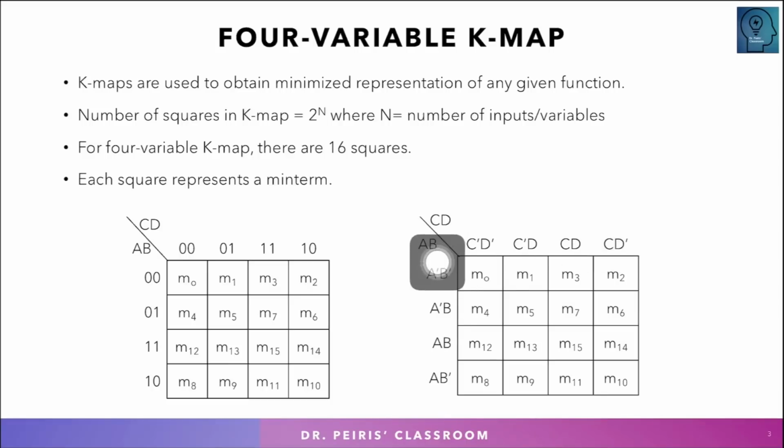Similarly you do all 4 on this side also and all 4 on this side also: a prime b prime, a prime b, a b, a b prime, then c prime d prime, c prime d, c d, c d prime. This chart must be remembered for you to do the K-maps properly and then use that to minimize the number of terms and the literals. If you alter this order, it is not going to work properly and it would be wrong. So make sure you follow this particular order when you do the K-maps.